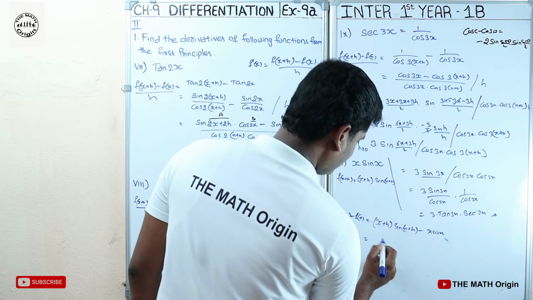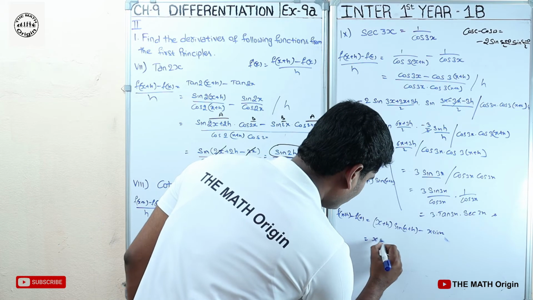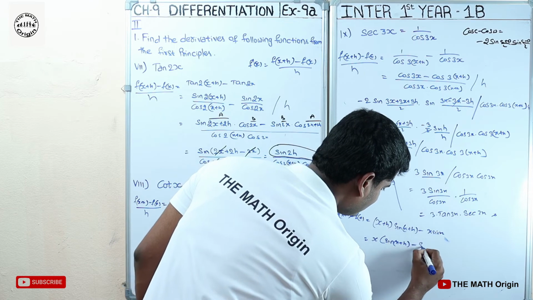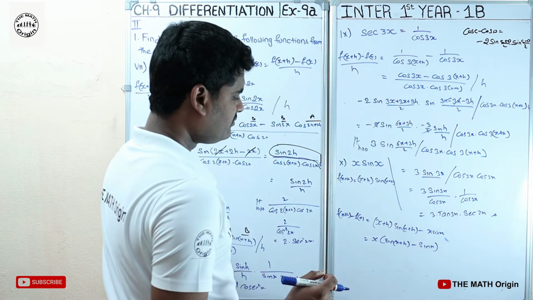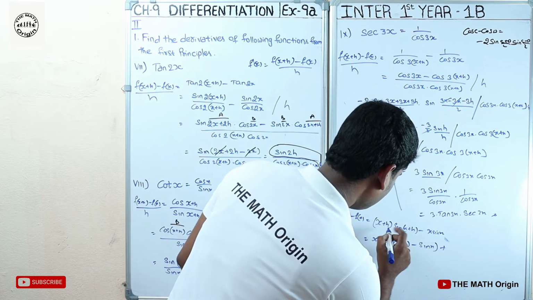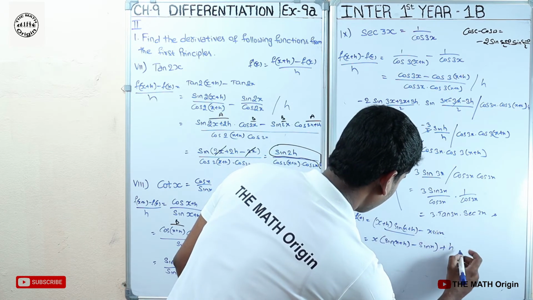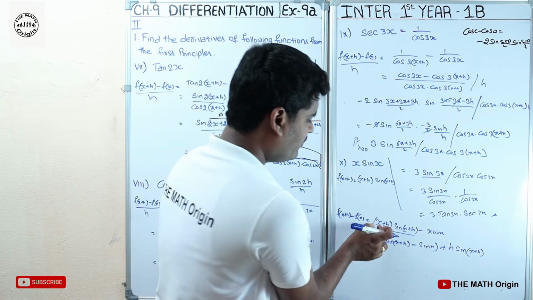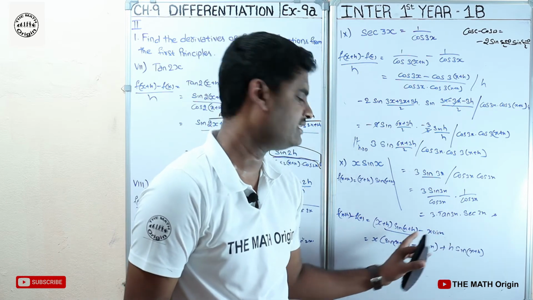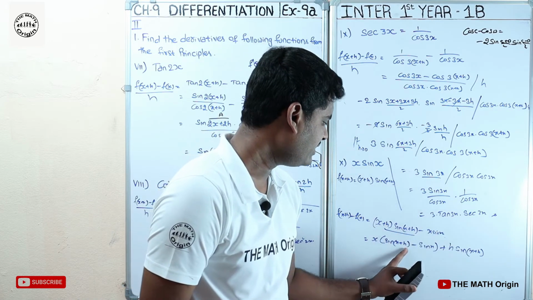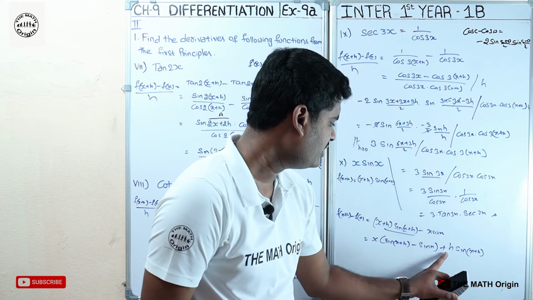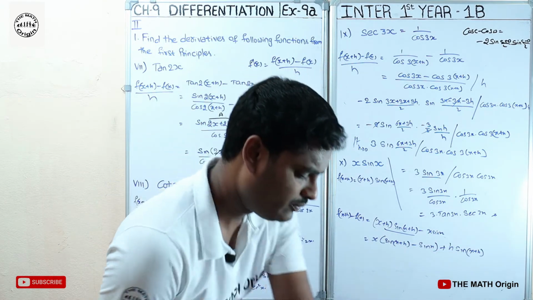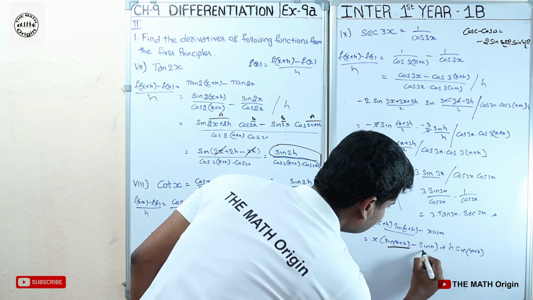Therefore, from these two I will take x as common: x times (sin (x plus h) minus sin x), plus the remaining value h sin of (x plus h). I have taken x as common, so sin (x plus h) minus sin x is common, plus h into sin (x plus h) is the remaining value. Now, if you see here, this is sin c minus sin d.